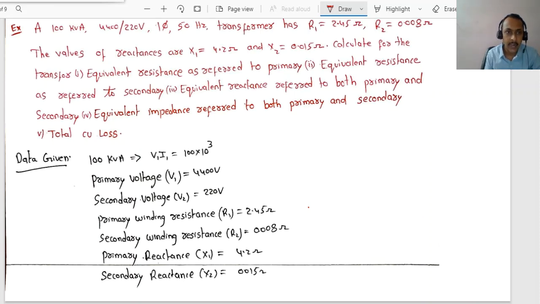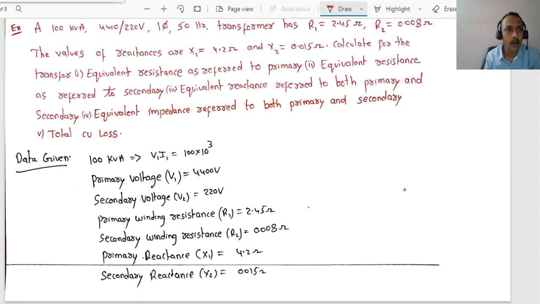Calculate for the transformer the equivalent resistance referred to primary, equivalent resistance referred to secondary, equivalent reactance referred to both primary and secondary, equivalent impedance referred to both primary and secondary, and also the total copper loss.